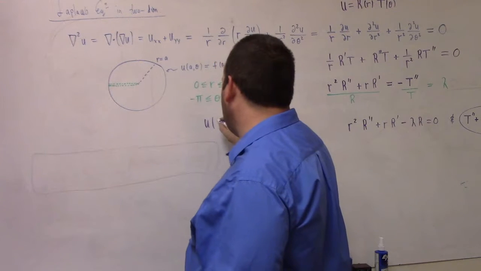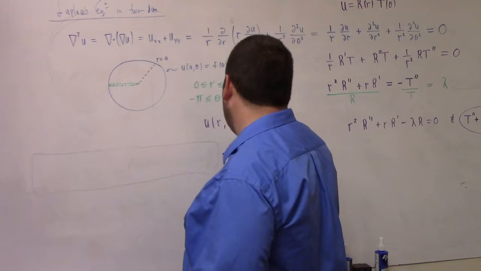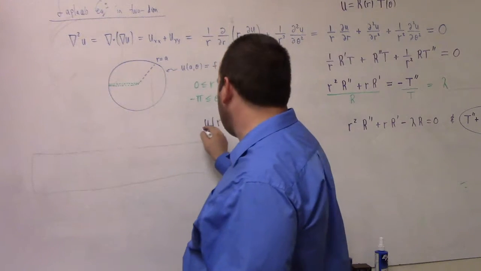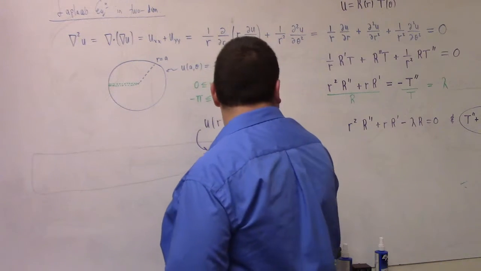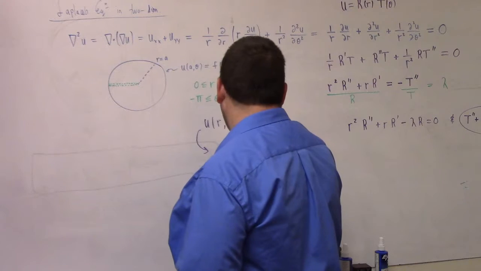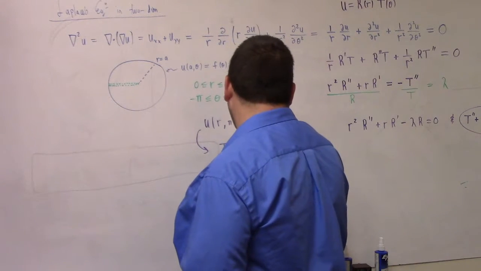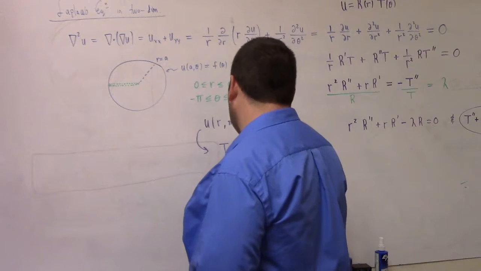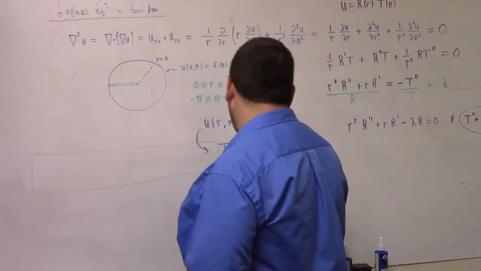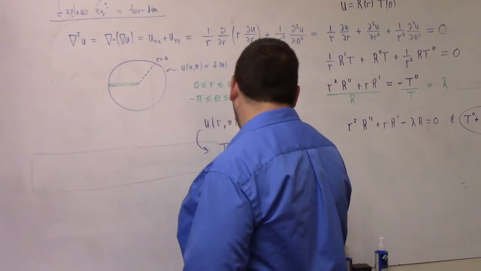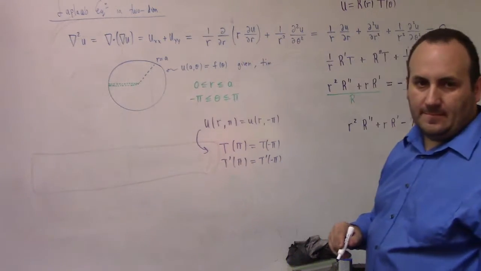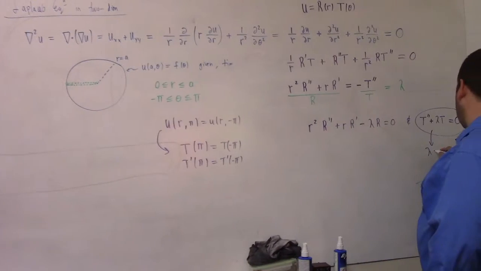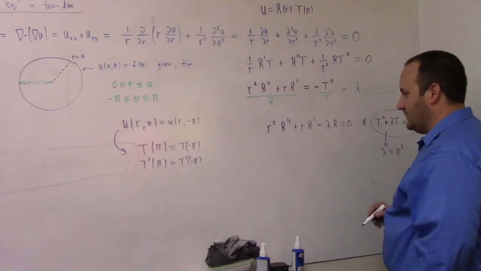That holds for all r, so basically that forces T of pi equal to T of minus pi. And also the other one gives you T prime of pi equals T prime of minus pi. So working that all out basically forces lambda to be equal to n squared.